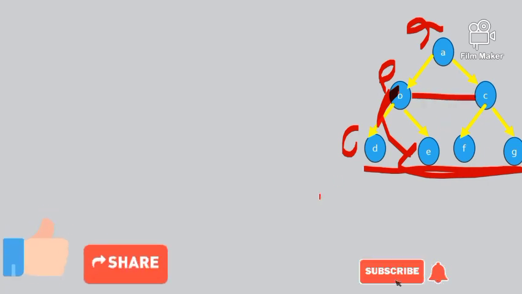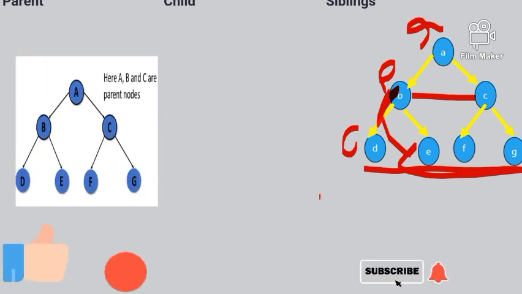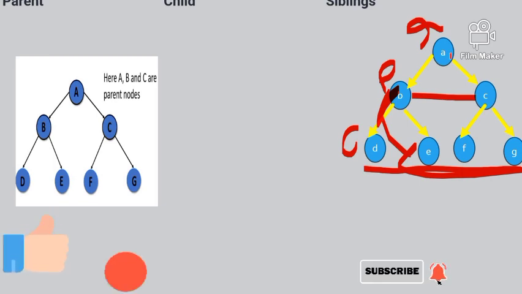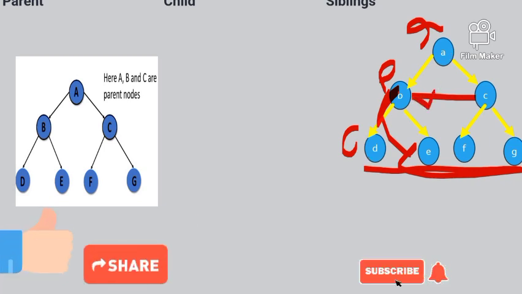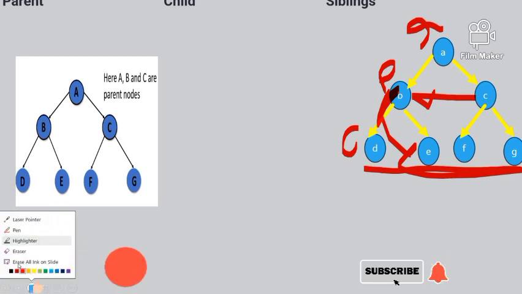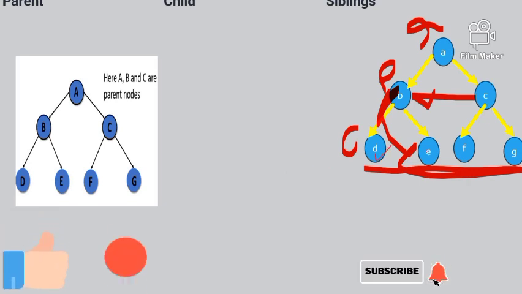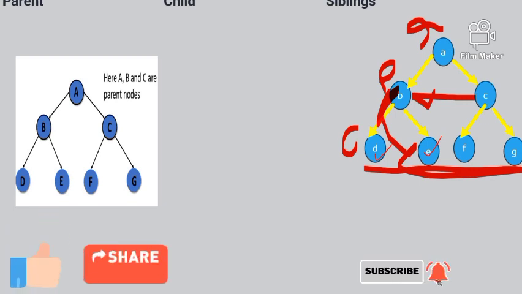Whenever I want to represent what is a parent, what is a child: just now I said that A is sharing its properties to B as well as C, and B is sharing its properties to D as well as E. So that is called a parent.